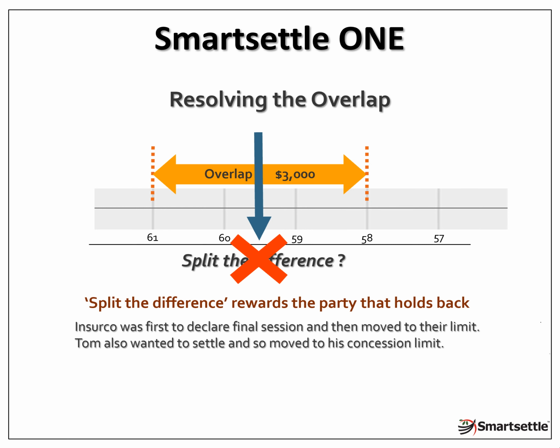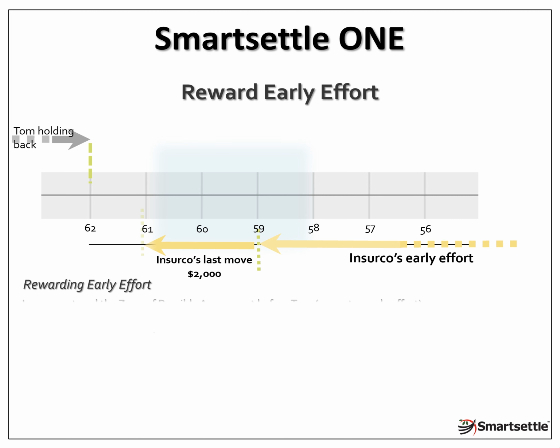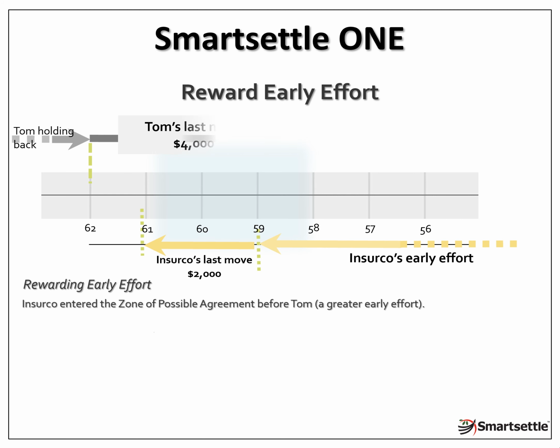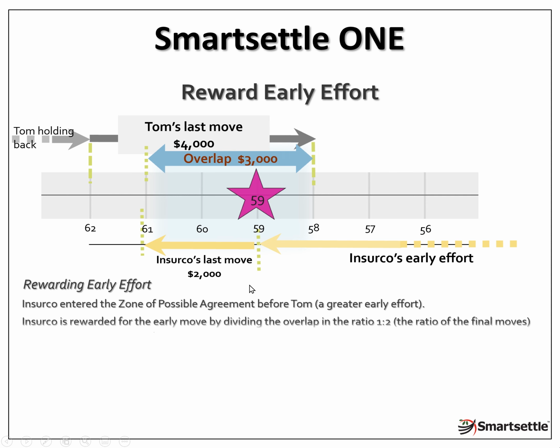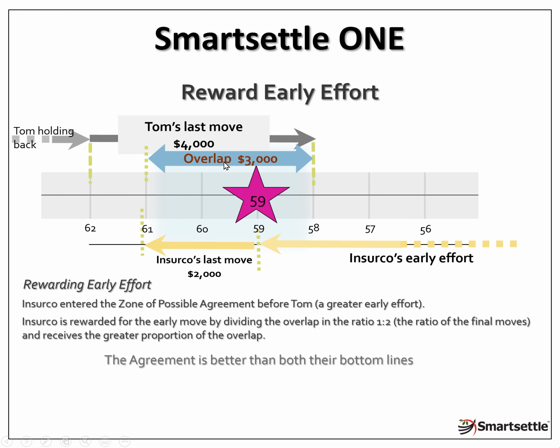tries to find some fairness here, reward early effort, and because the last move of the insurance company, $2,000, was less than the last move of Tom, $3,000, effectively that means that more early effort had been made by the insurance company.